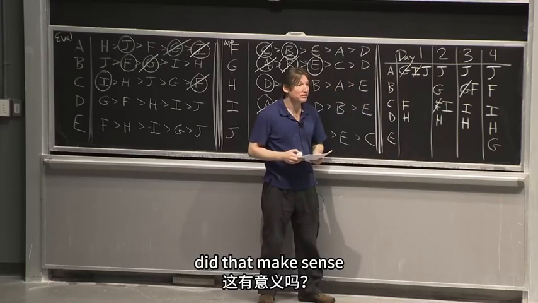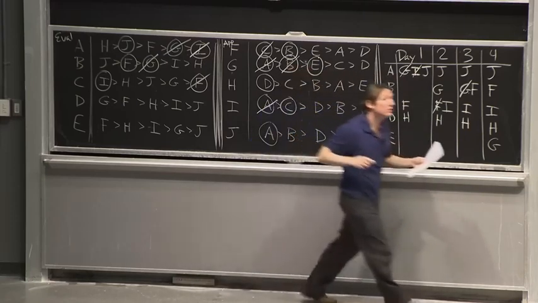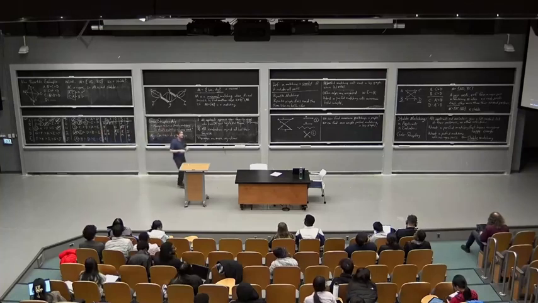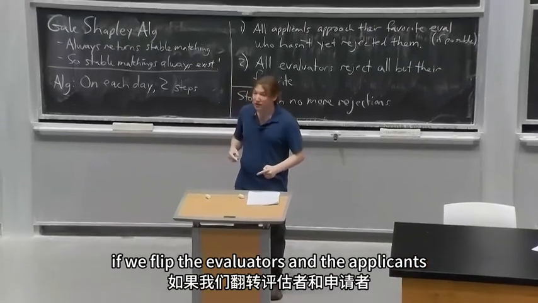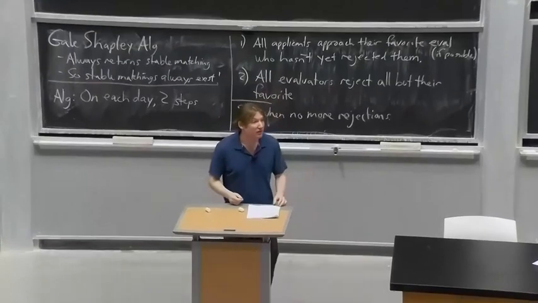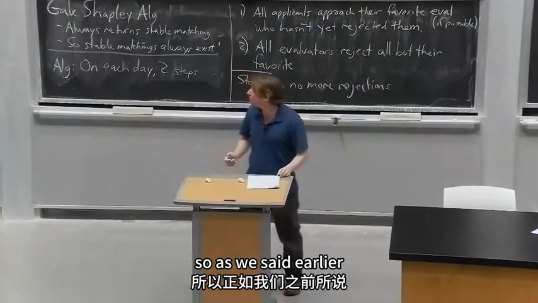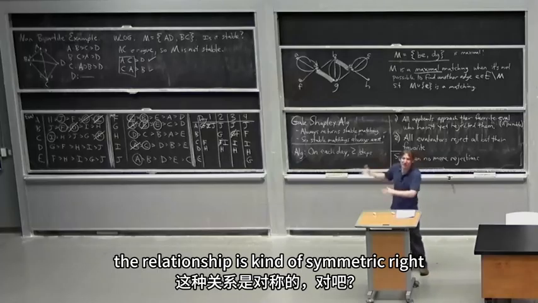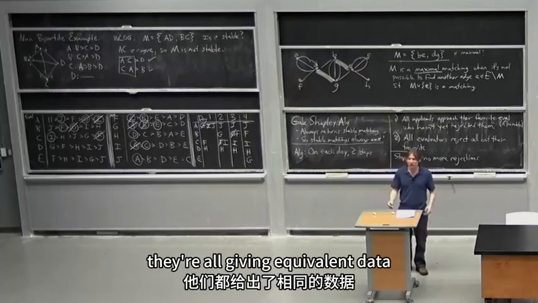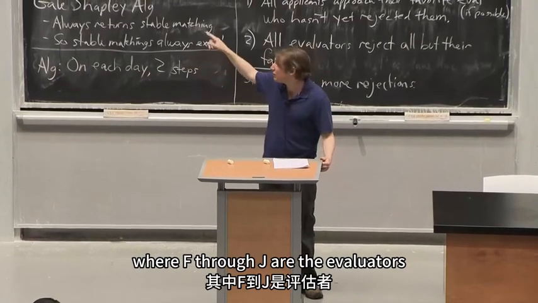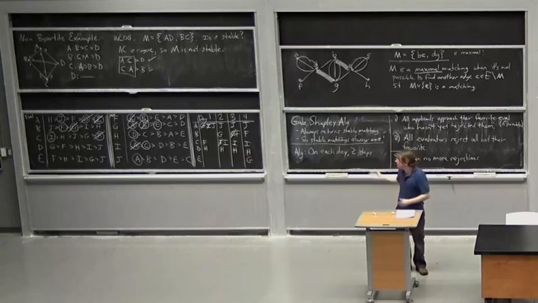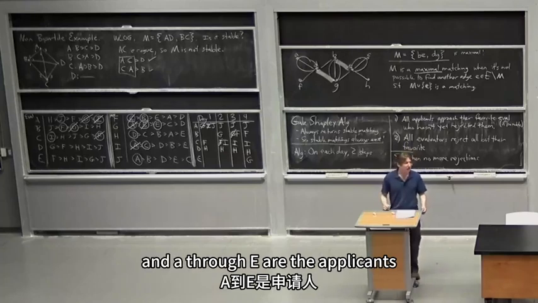Did that make sense? Question? Excellent question. If we flip the evaluators and the applicants, do we get the same matching? So, as we said earlier, the relationship is kind of symmetric, right? They're all giving equivalent data. We could have run this in the opposite direction, where F through J are the evaluators, and A through E are the applicants.